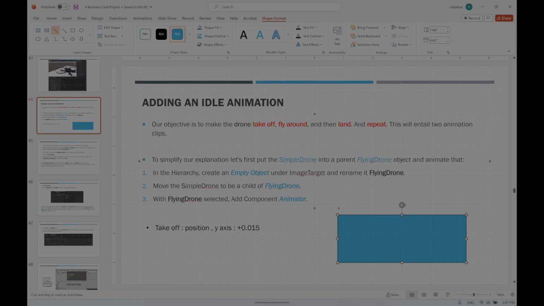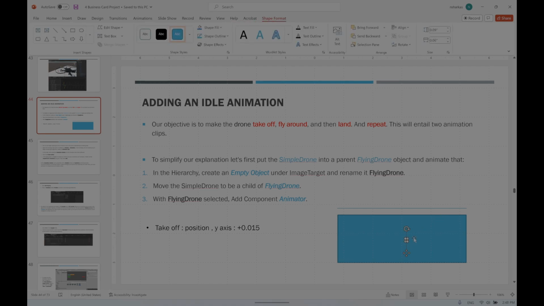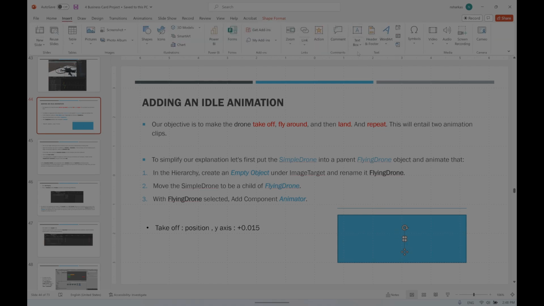If this is from here to here, is the 0.09 we were talking about, and here in the center, so let me insert some nice shapes here, and this is the center, then this center is 0, 0, 0, right?